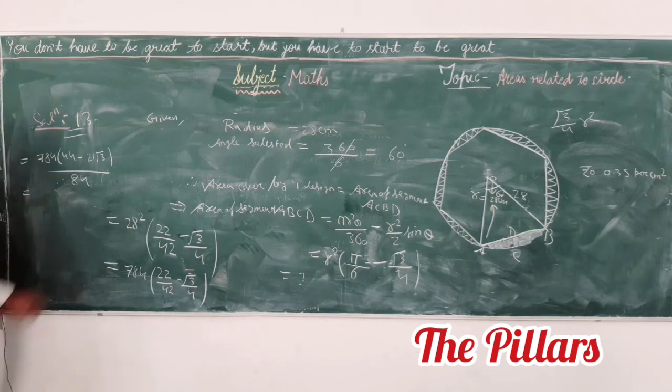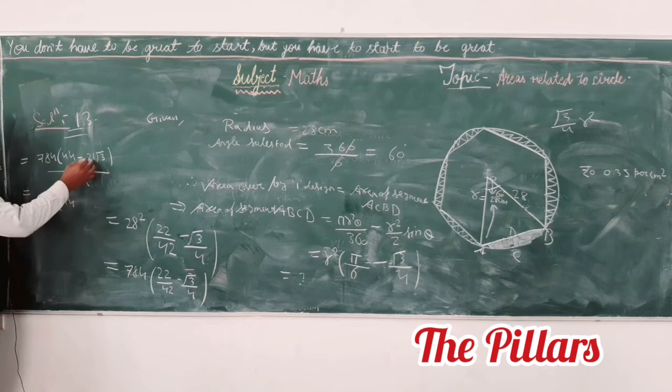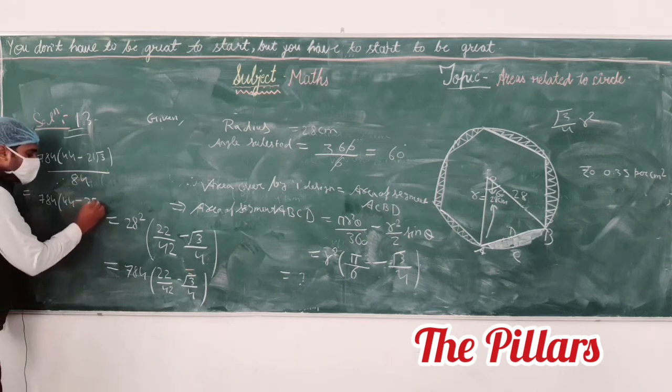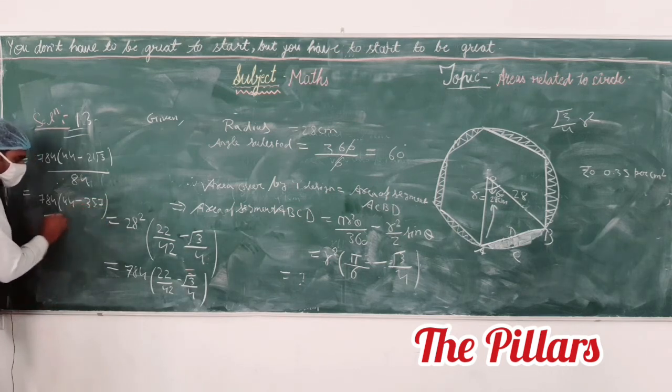We only have to put 1.7. 784 into 44 minus 1.7 into 21, which is 35.7, divided by 84.